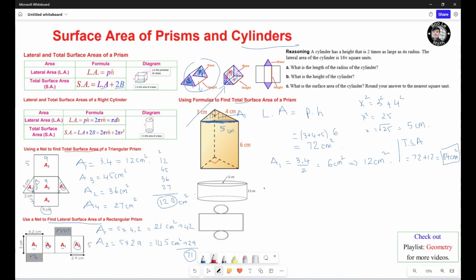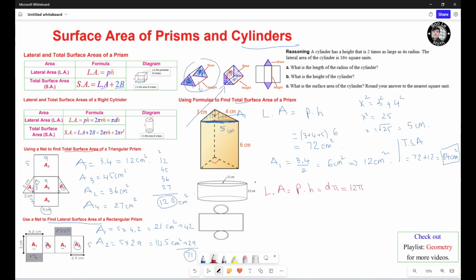So the lateral surface area of this cylinder equals perimeter times height. But the perimeter of this circle is the same thing as the circumference, so it should be 2 times pi times r, or d times pi, right? 12 pi.